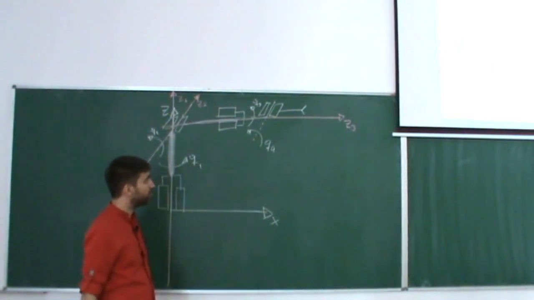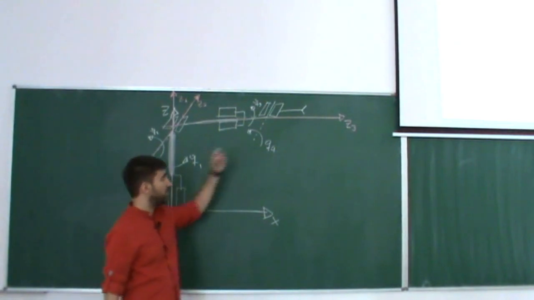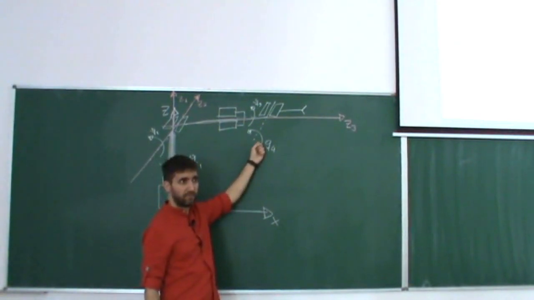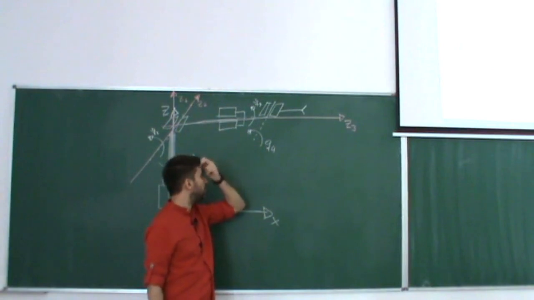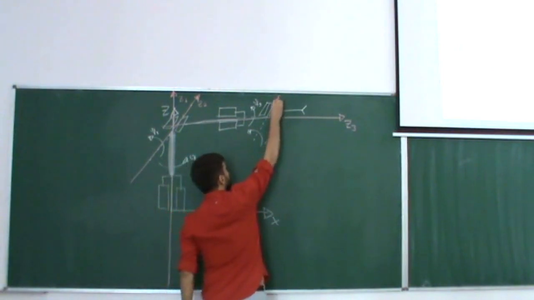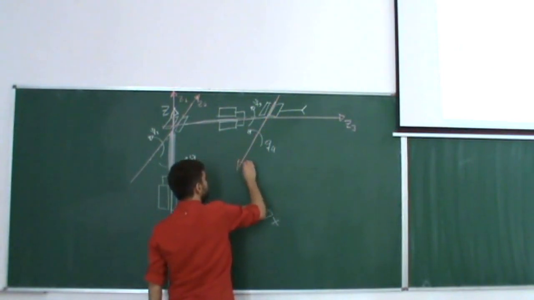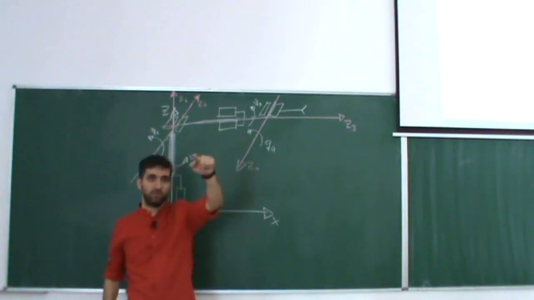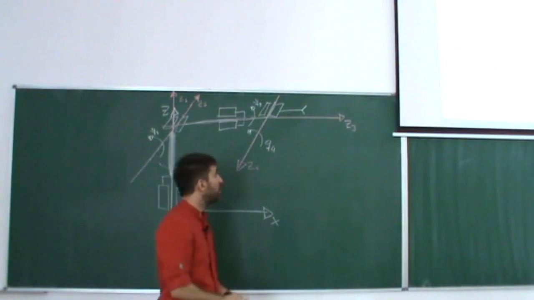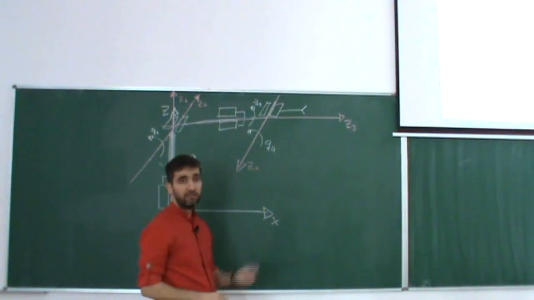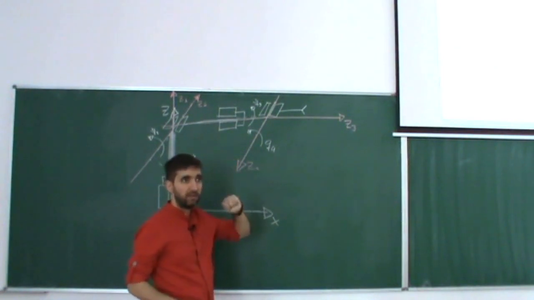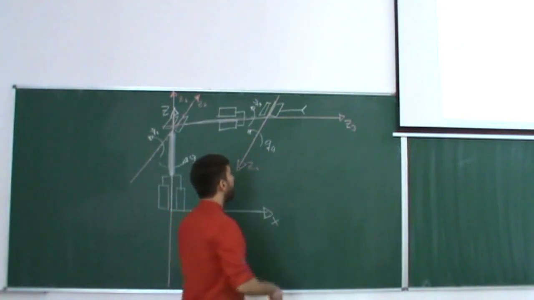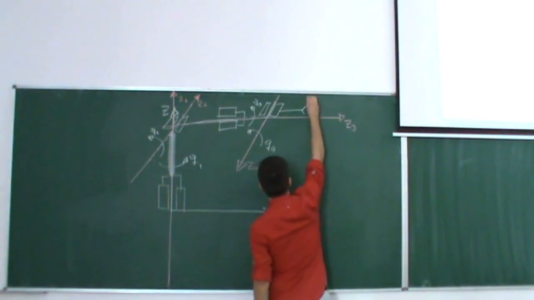And Z4, this one, right? Along this direction, let's put it pointing towards you. Okay, so this points towards you. Okay, and we define also a coordinate frame at the end effector, as I said earlier to one question. I can define however I like it here.